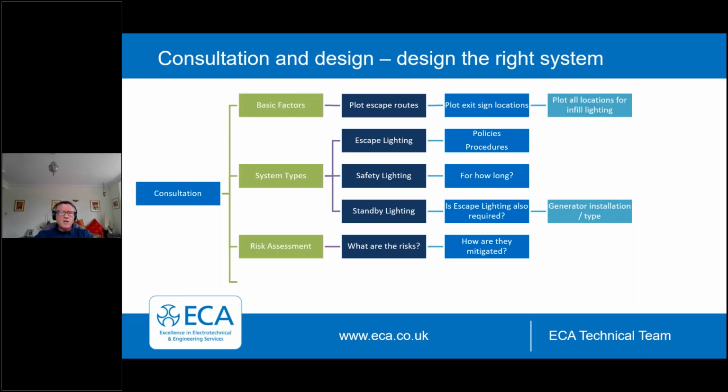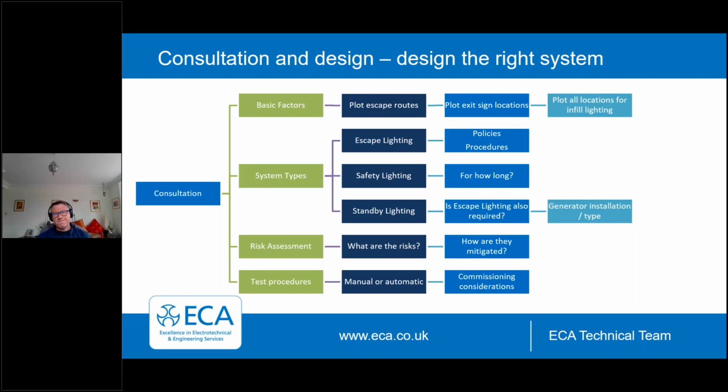You know, obviously part of this will involve the basic factors. We need to plot our escape routes, plot our escape signs, and plot our locations for infill lighting. And what I mean by that, we'll look at in a second. And what sort of personnel we are likely to have on the premises at the time, all the time potentially, some of the time, because that sort of information is important, because that may well lead us to whether we are going to be having a manual test facility or an automatic test facility.